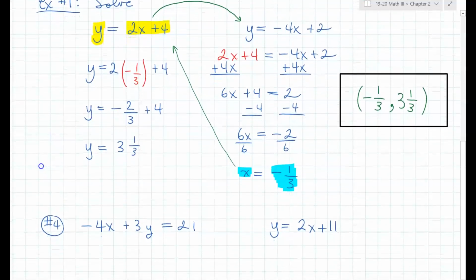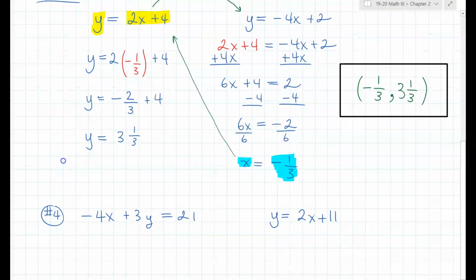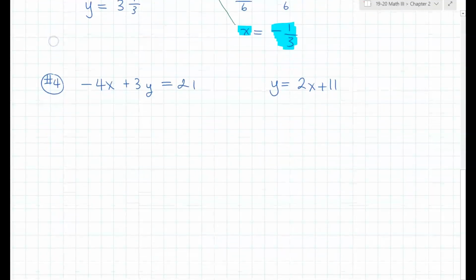This is why I tell you to put them side by side. That way you have enough room to move back and forth, instead of doing them one on top of the other and getting lost as to what's happening. So I always recommend a side-by-side comparison with substitution. Whenever you do elimination, it's usually best to keep one on top of the other. But with substitution, this is what I would recommend.